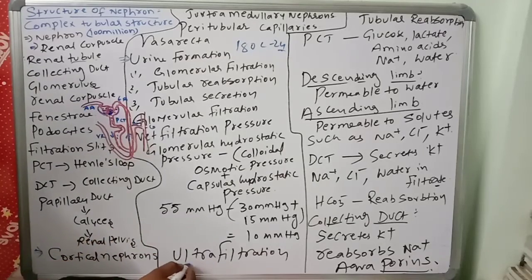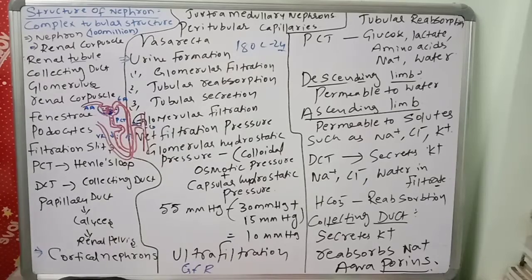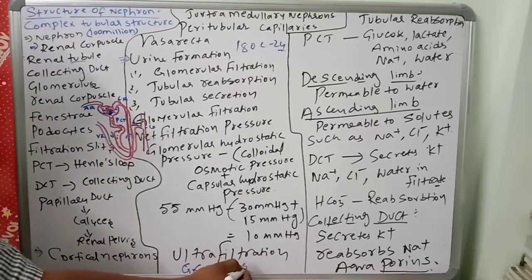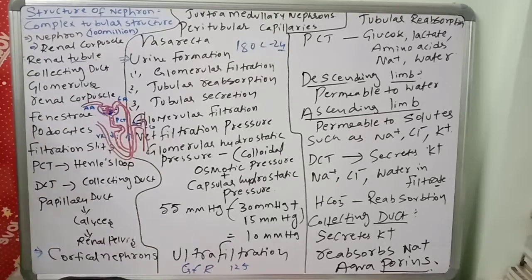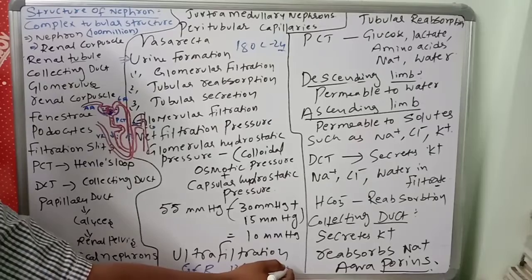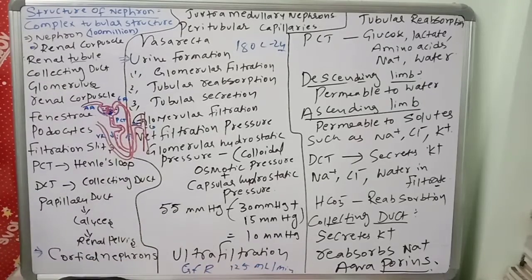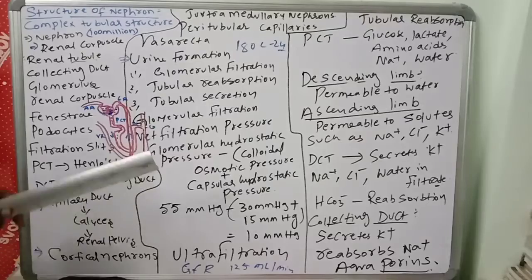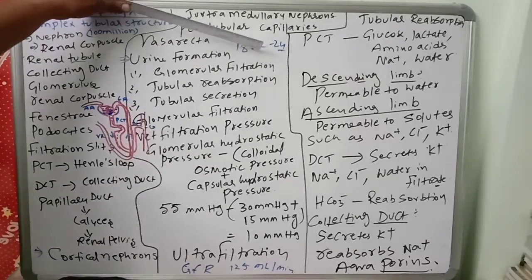So the glomerular filtration rate is approximately 125 milliliters per minute. Next, blood from the glomerulus passes out through the efferent arteriole, whose smooth muscle contracts, resulting in vasoconstriction.